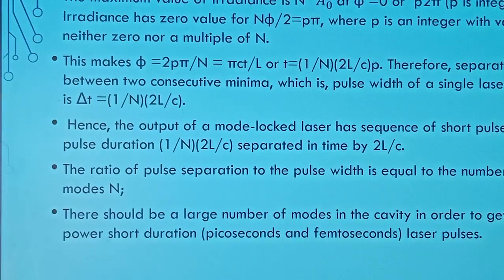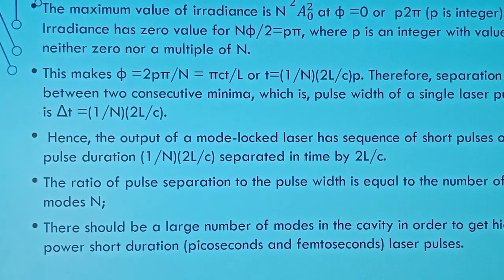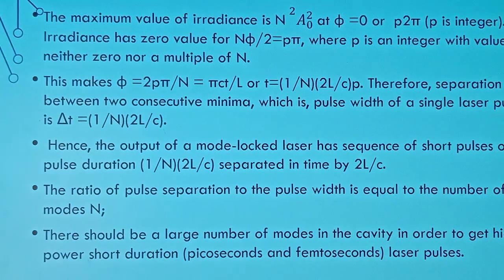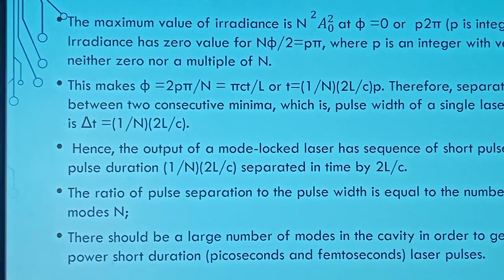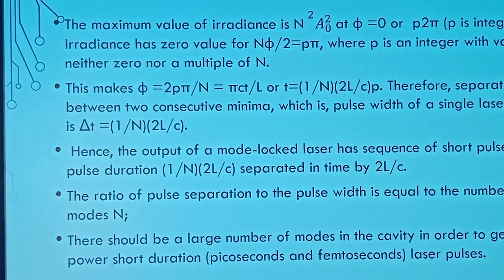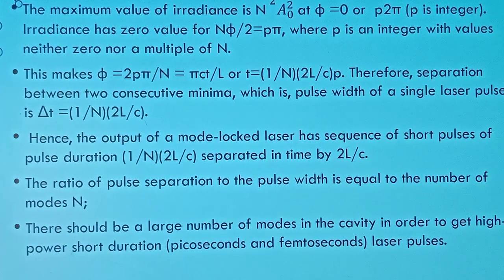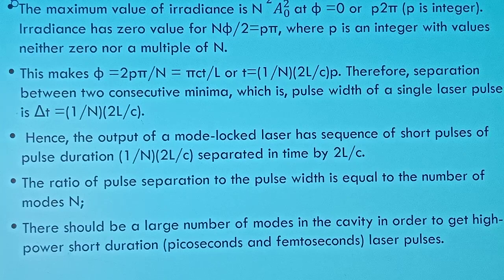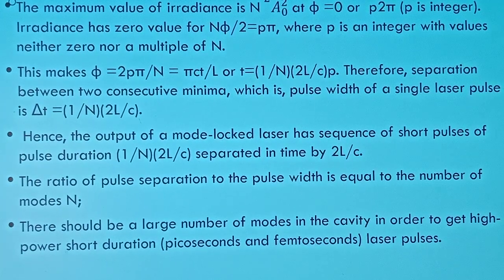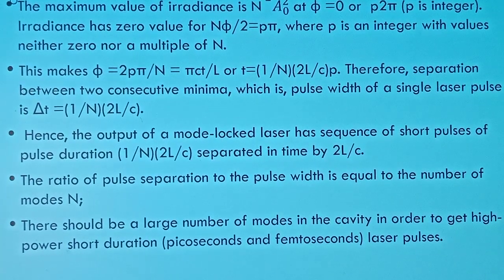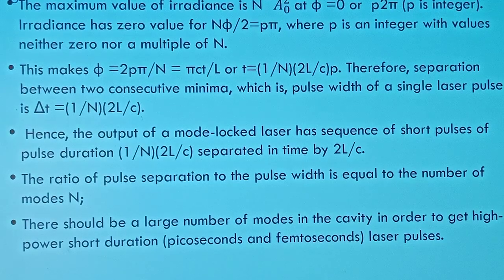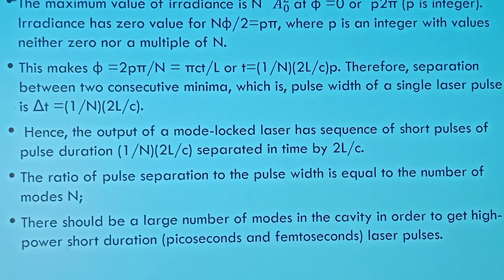When it comes out, it will have high intensity. Therefore, we see the equation written there for the irradiance. So irradiance is equal to n square A naught square.